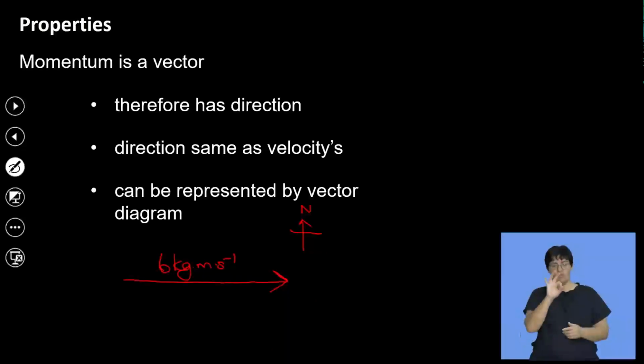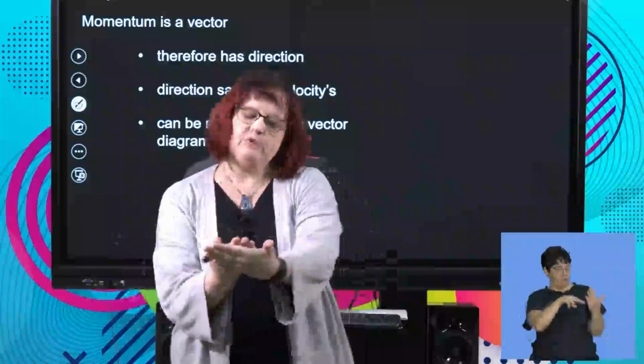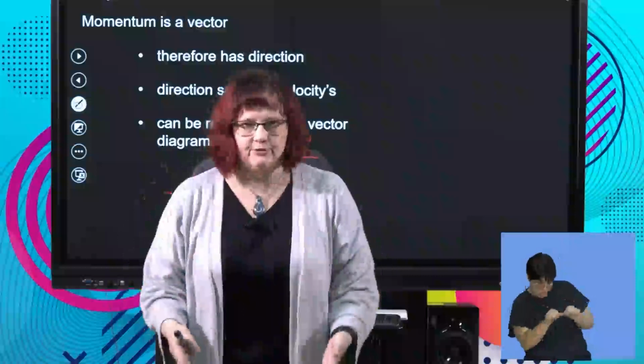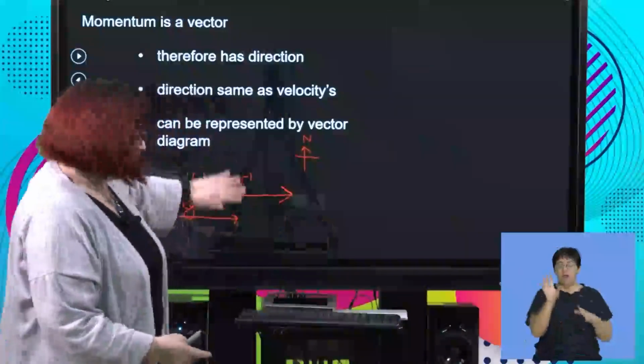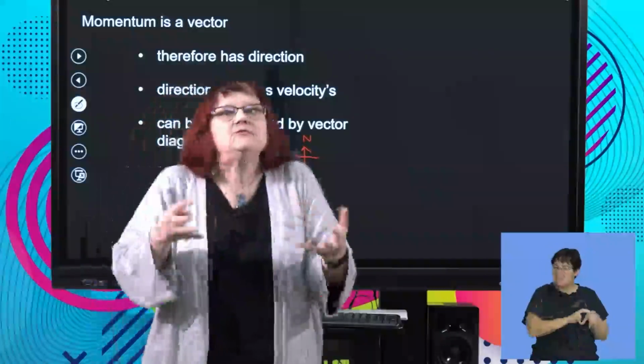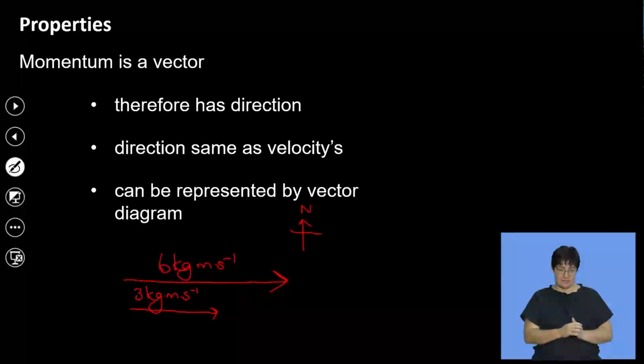So if it's 3, it should be about half the size. Now, I didn't measure them. I did it visually, okay? So when we mark something like this, we just look at it and go, it looks about right. We're not going to take out a ruler and measure it. But it's the relative size, okay? That still needs to make sense because they're vectors, okay?